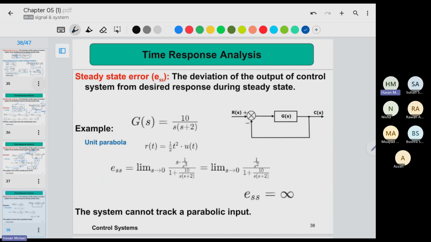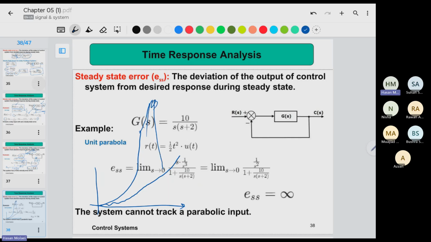So with this input, there's no good space to draw. It is parabolically increasing. Your system maybe has some transient at the beginning, but it's trying to follow, but maybe cannot follow very well. So that gap keeps increasing.